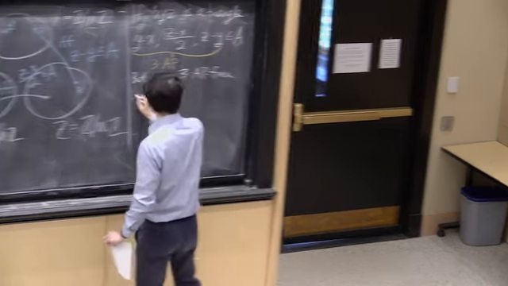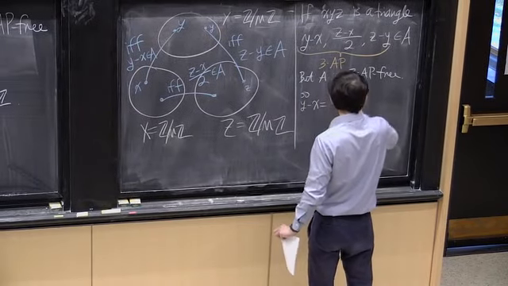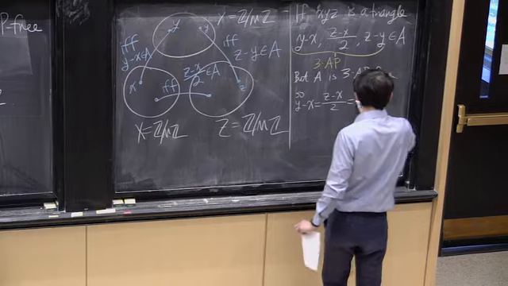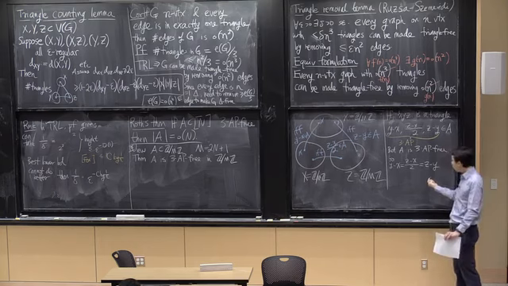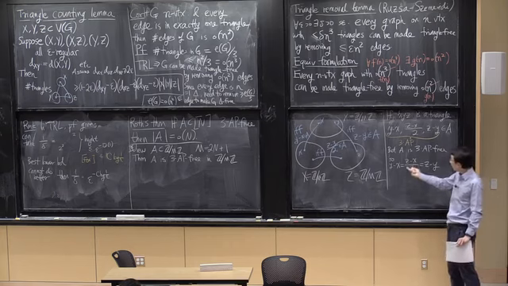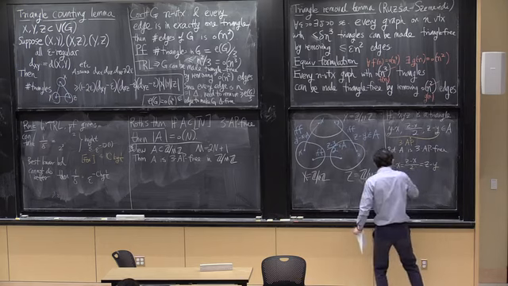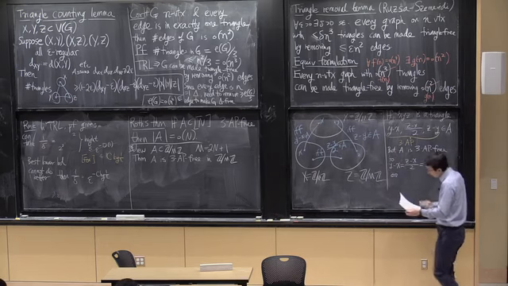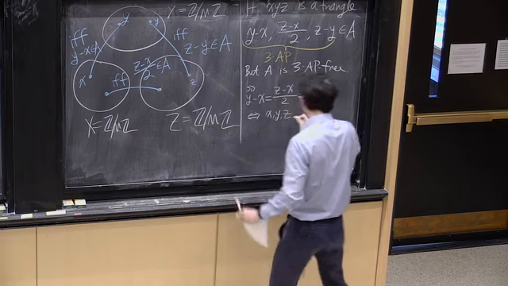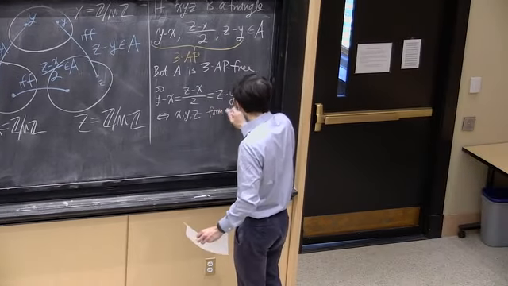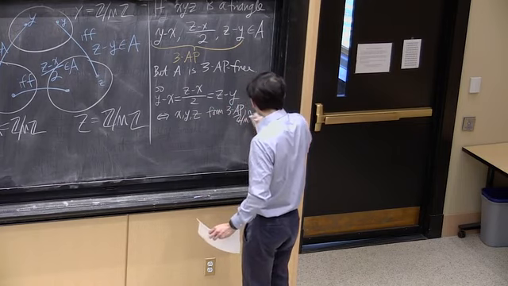So these three numbers must then equal each other. And in particular, you see that if you select x and y, it determines z. And this equality here is the same as saying that x, y, and z themselves form a 3AP in Z mod m.